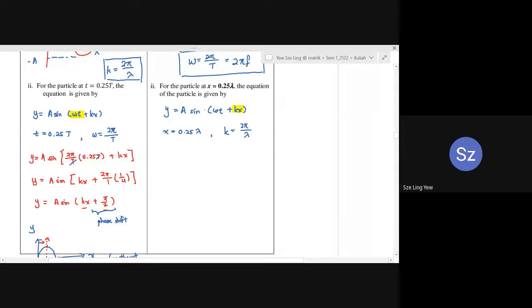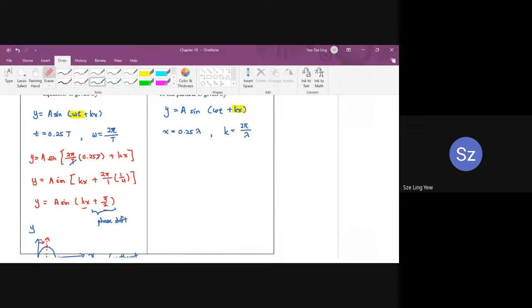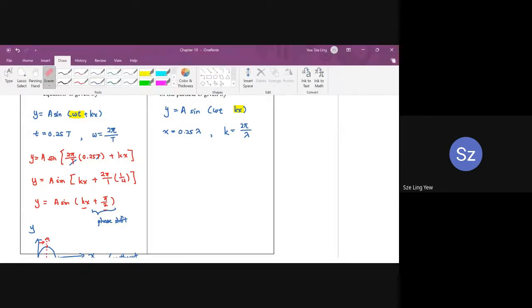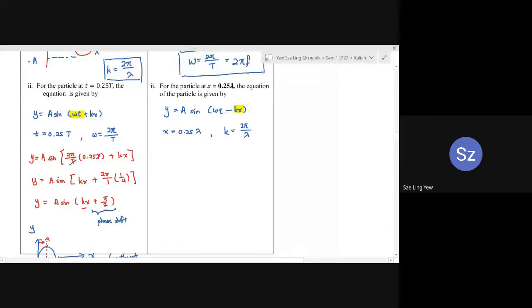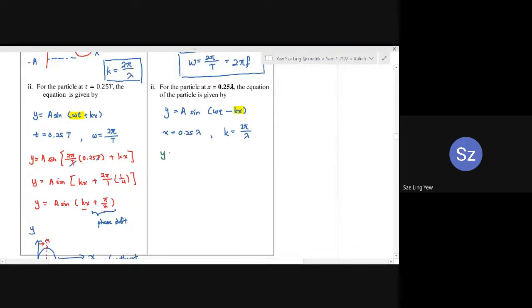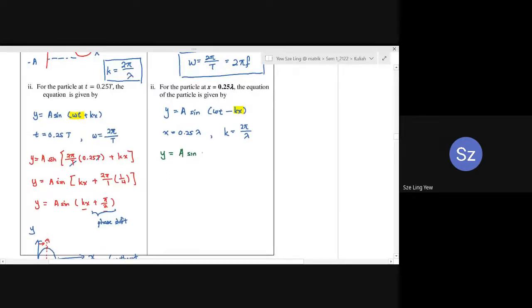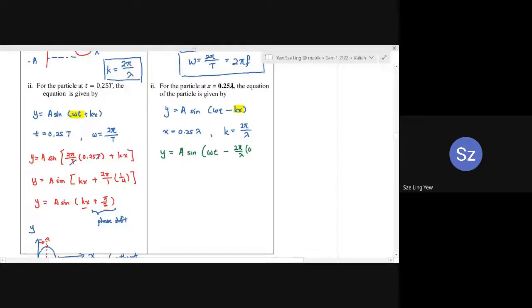Oh wait, I made a mistake here, because the general equation given in this question is negative kx. Okay, minus. So we are going to see how to solve the one with a minus phase shift. Now I have the information that I need, so I'm going to simplify the equation. y equals a sine (omega t minus k), where k is 2 pi over lambda, times 0.25 lambda.